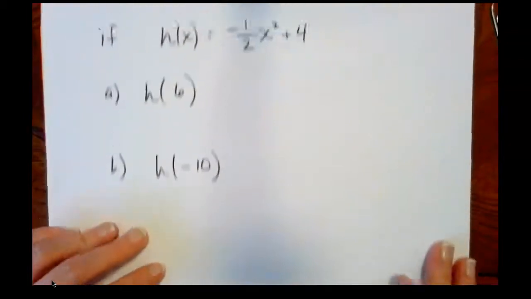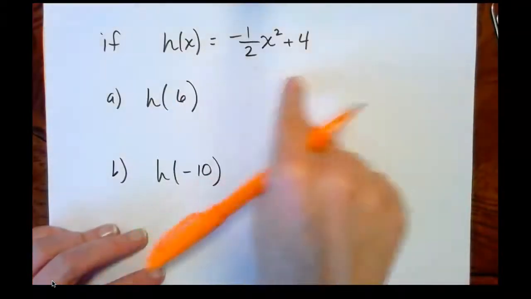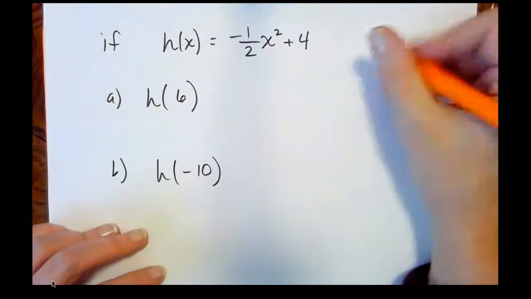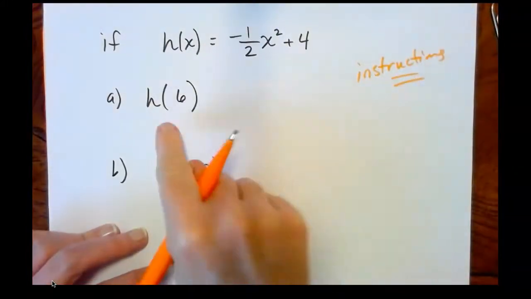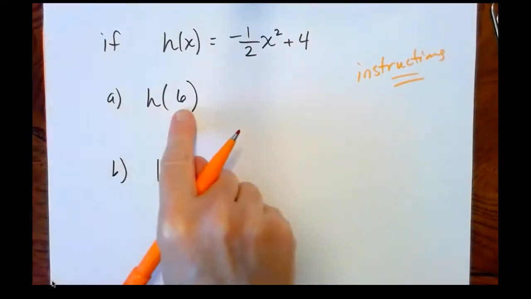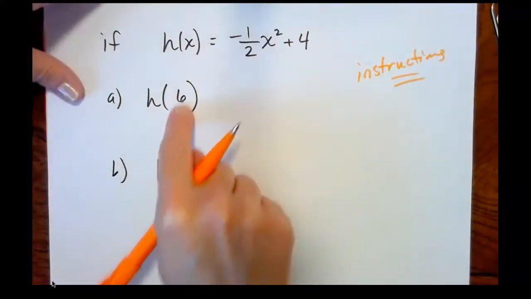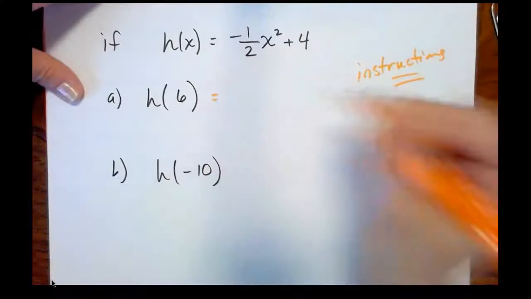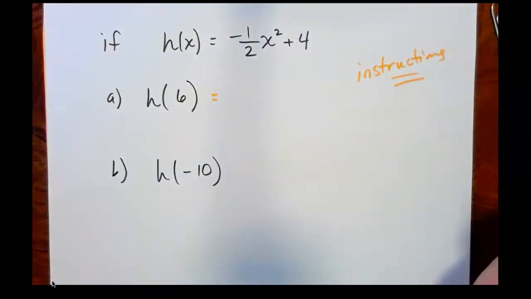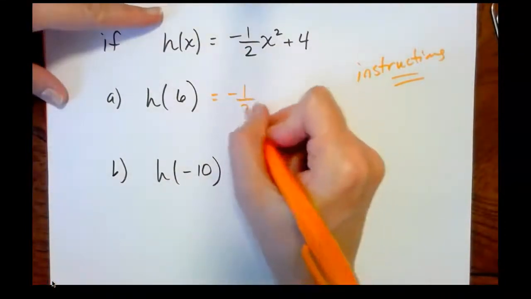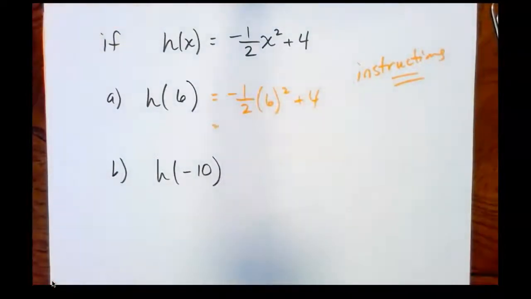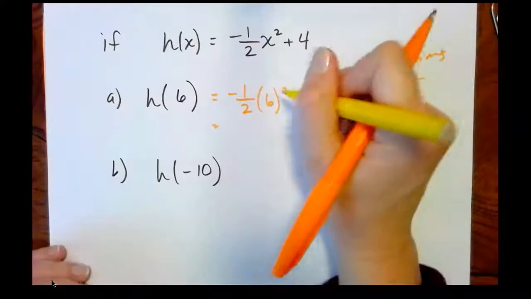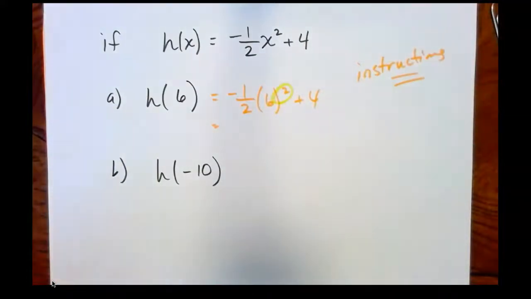Last problem, evaluating a function. Remember, a function is nothing more than a set of instructions telling you what to do with an input value. So we're going to substitute in 6 everywhere we see x, and then we're going to follow order of operations and simplify. So -1/2 times 6 squared plus 4. We will simplify the exponent first.